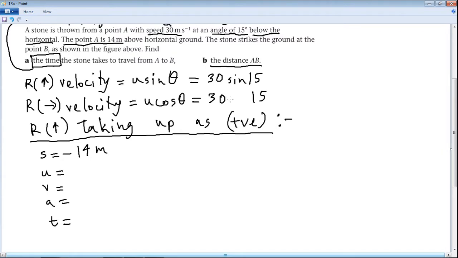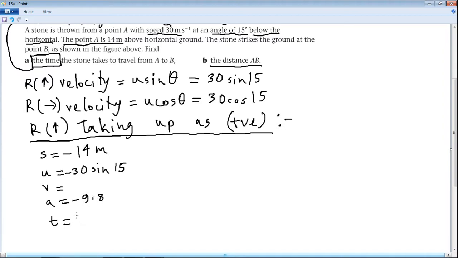Even my English is full of mistakes, and my handwriting sucks. The vertical component should be u sine theta, which is u sine 15. We will take this as negative, and a is minus 9.8.